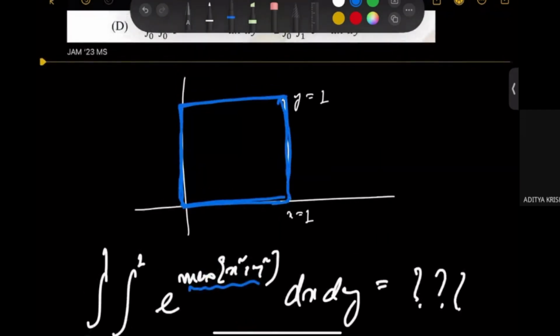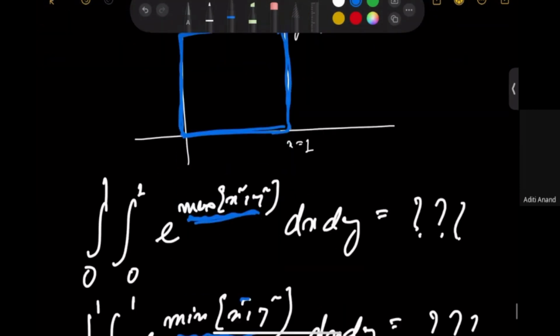So we can again take x equal to y. The same idea that we did before, right? Divide it into some number of parts where you can deal with this function max and min, correct?